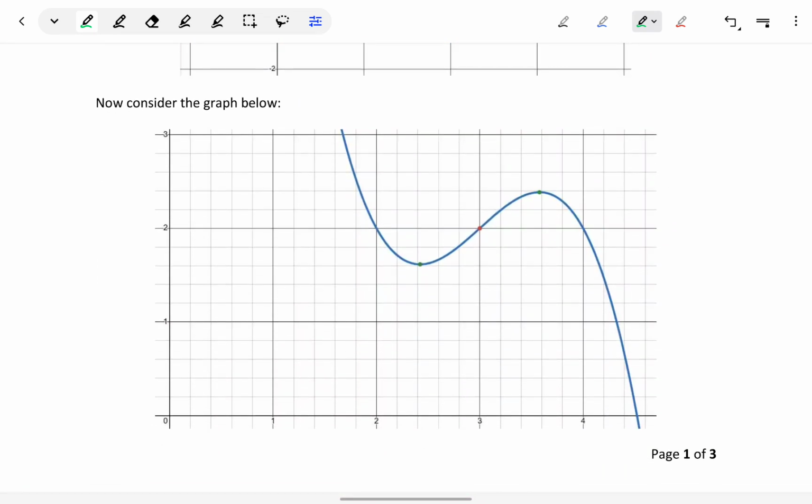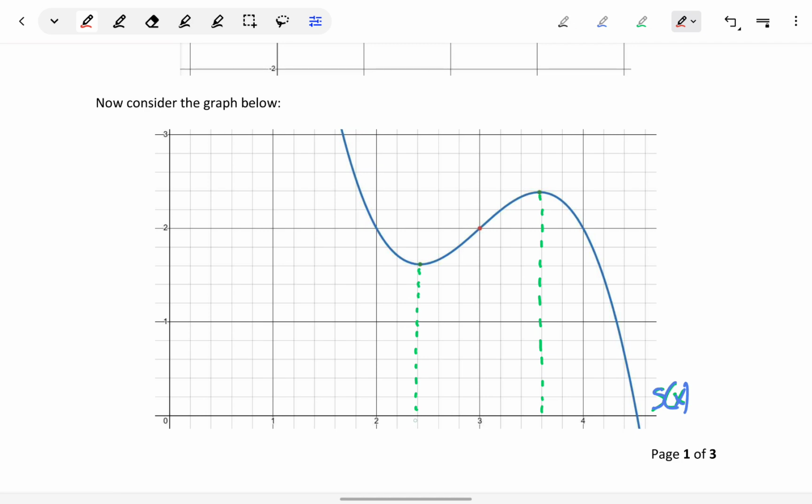Now let's look at this graph, where what we have is a function that we'll call s of x. This function has 3 points plotted for us. And if we just trace down to the x-axis, we can start carving up some different pieces of this function.